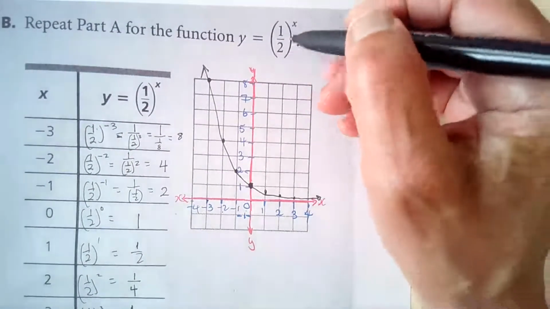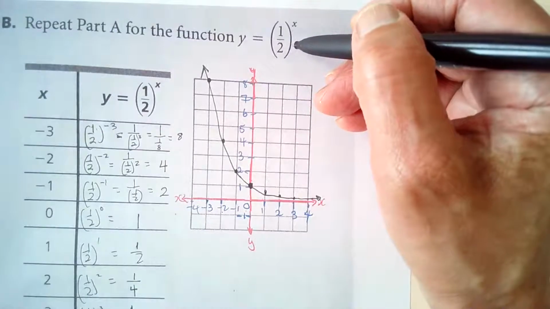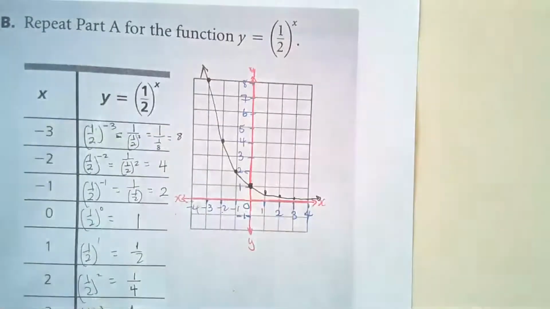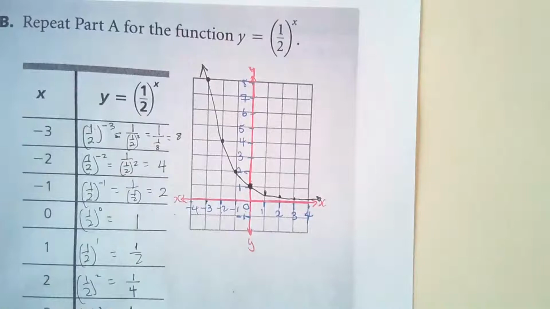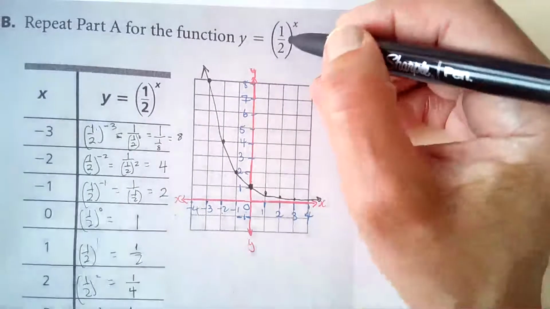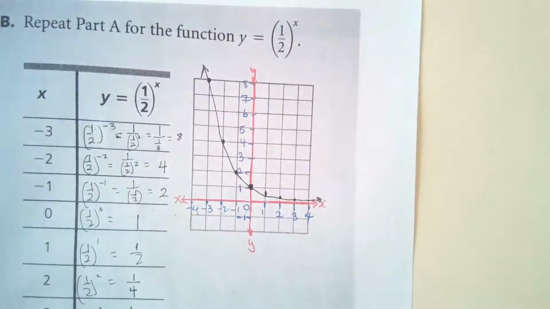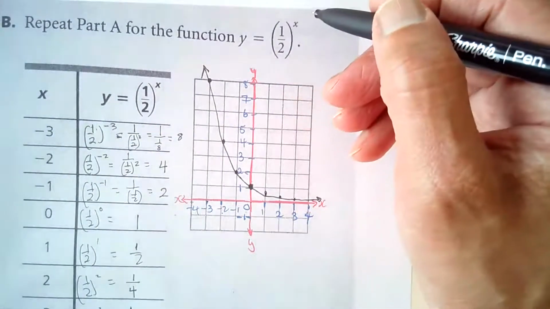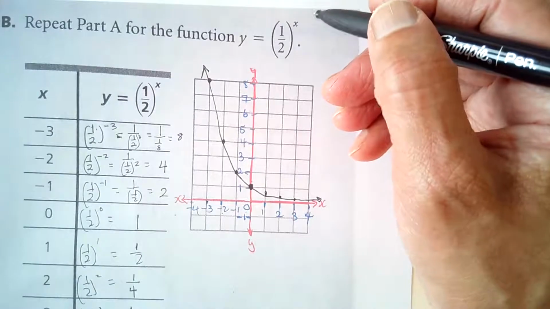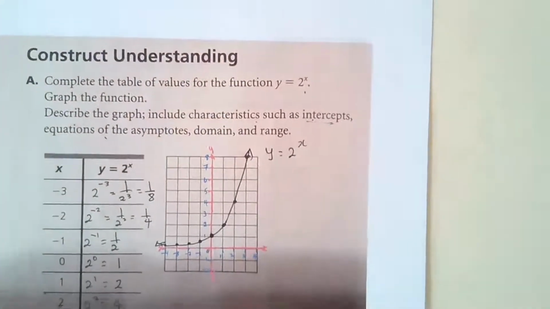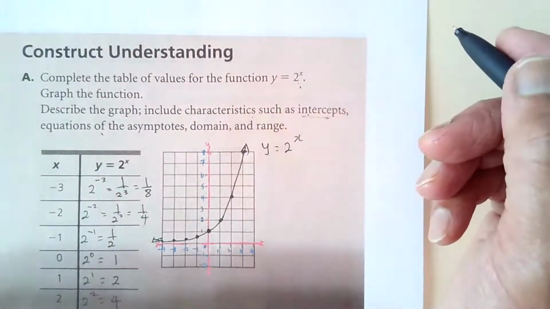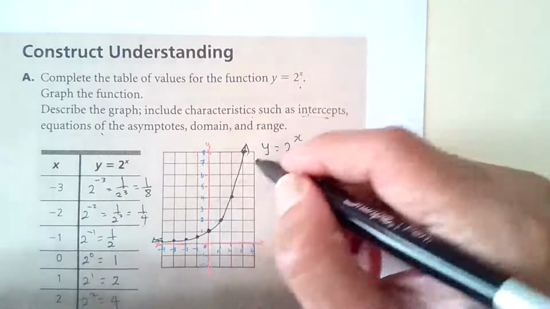When we have a rational number as the base to the power of x, we end up with a decreasing function. Notice the value a here is between 0 and 1, so it is decreasing. Compared to our previous one, when a is greater than 1, the graph is increasing.